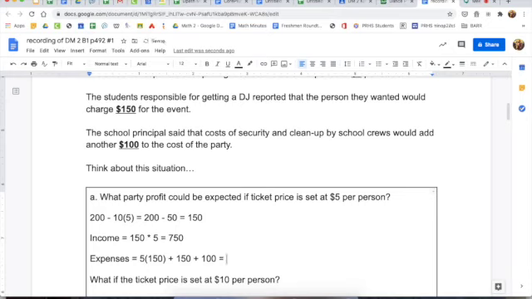Let's do the math out on that, one piece at a time. So there's an expense of $750 just for the food, plus $150 for the DJ, plus $100 for security and cleanup. Let's add those together. I get $1,000.